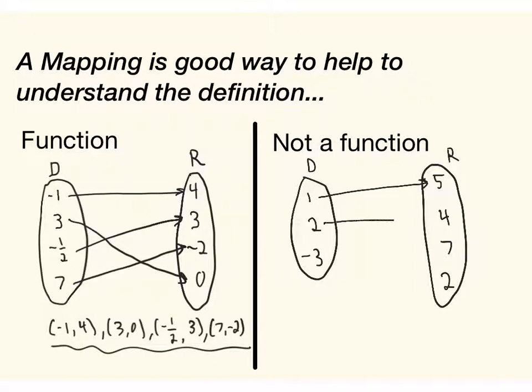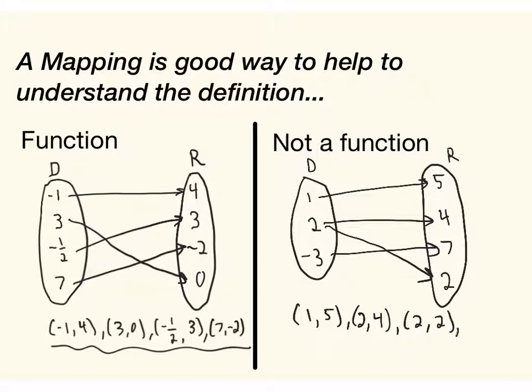Let's say that I have these arrows, and if we were to create our ordered pairs, we have 1, 5, and look at this picture and ask yourself, the condition for a function is, do we have a domain value connected to more than one range value?